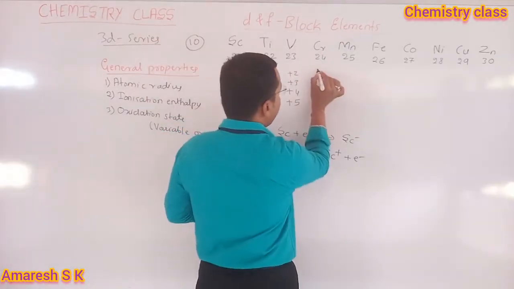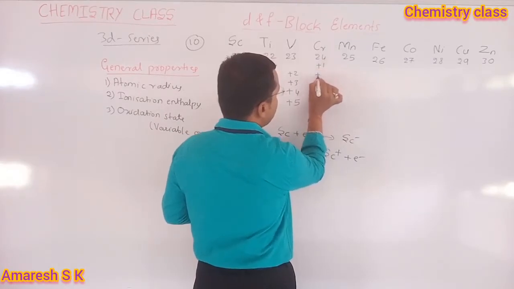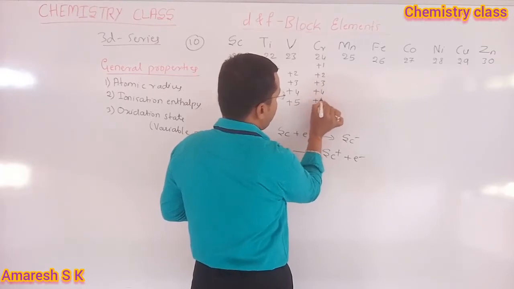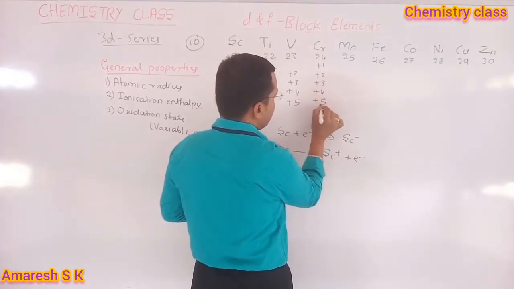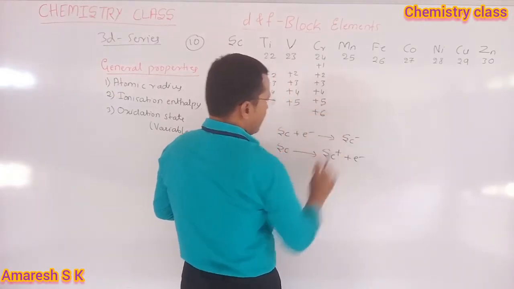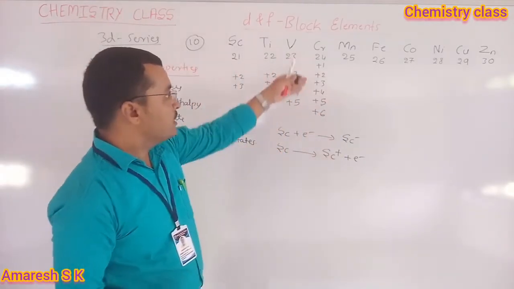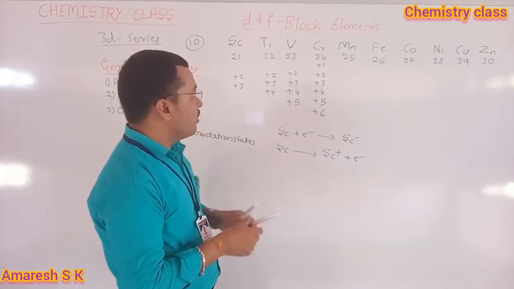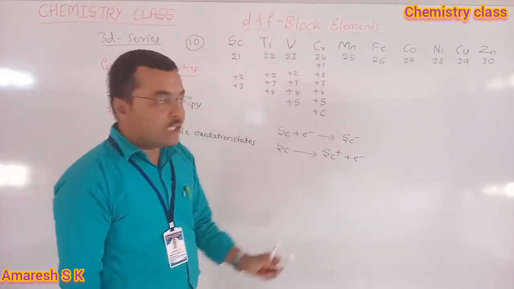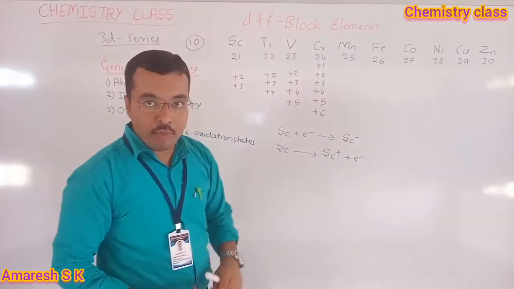Next, chromium will show +1, +2, +3, +4, +5 and +6. Chromium will show these different oxidation states, +1 to +6. These variable oxidation states can be observed in chromium metal.